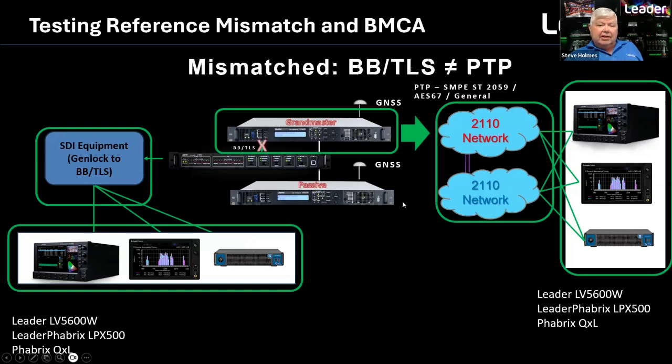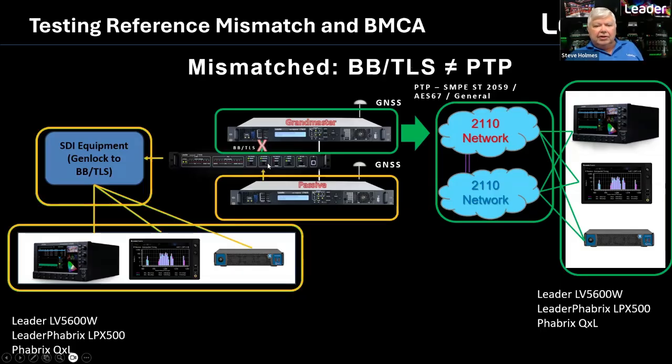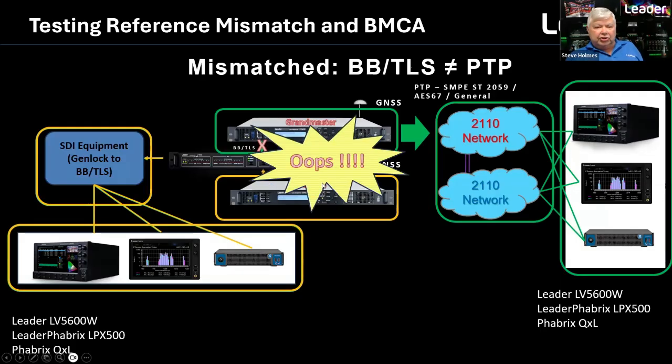The same thing can occur if the output of your baseband test signals, your black burst or tri-level sync, goes bad. The ECO is going to switch to the backup ECO, and I've got the same condition, but this time it's from the black burst side.